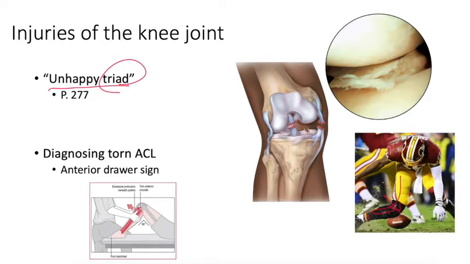Okay, so when you make that twisting motion as you're falling down like that, what are the three things that break, that rip right here? See the fibula over here? This must be medial, so that's the MCL. Another structure that gets injured right there is the ACL, the anterior cruciate ligament.